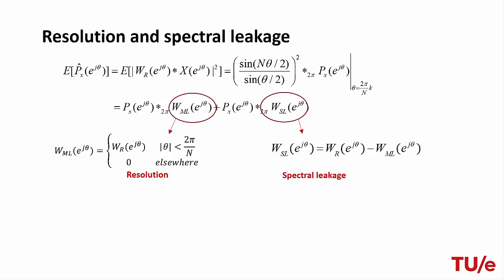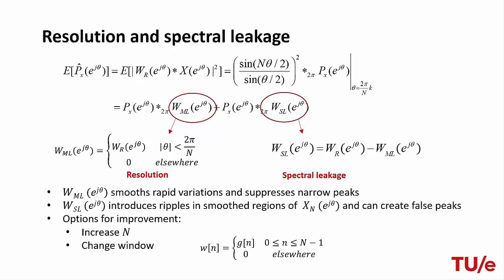While the second component, which is the convolution of the true spectrum by the side lobe function, is responsible for spectral leakage, which is the appearance of spurious peaks at frequencies different from the true spectrum. As mentioned previously, while the length of the window has a direct effect on the resolution, the only way to reduce spectral leakage is to change the window function.